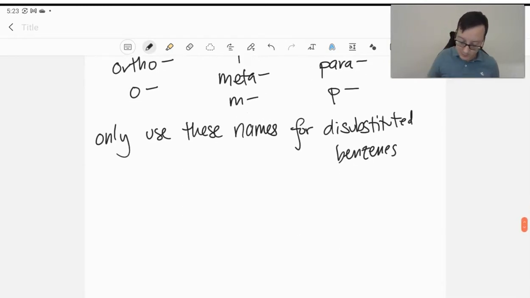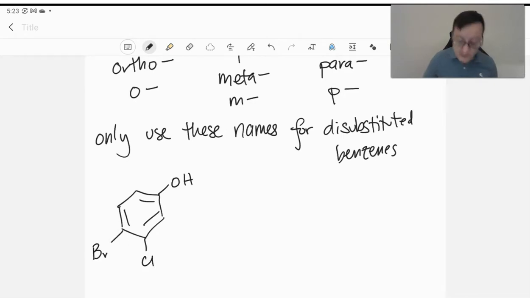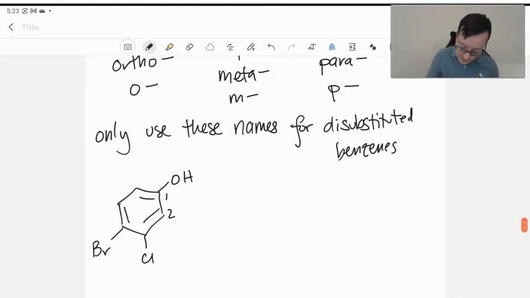As soon as you have 3 things or more, you have to use locator numbers. So in this case, phenol will be our parent. We always want to assign the lowest numbers possible. So even though in no other situation would we rearrange these, right? So 3 and 4 will be our locator numbers here.